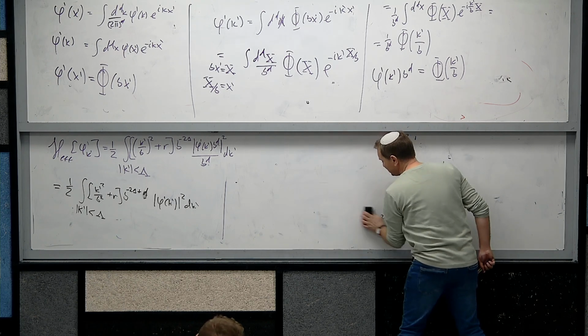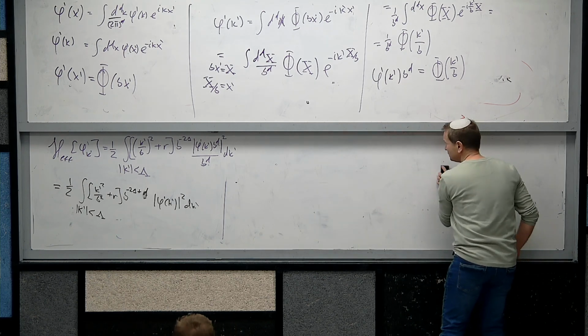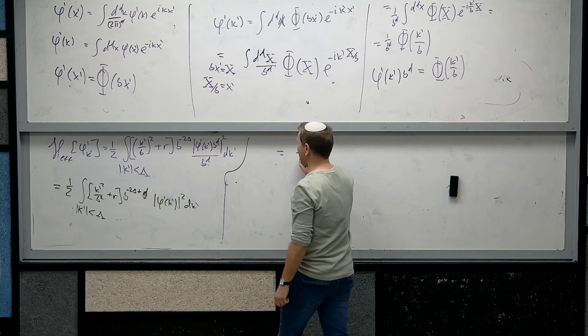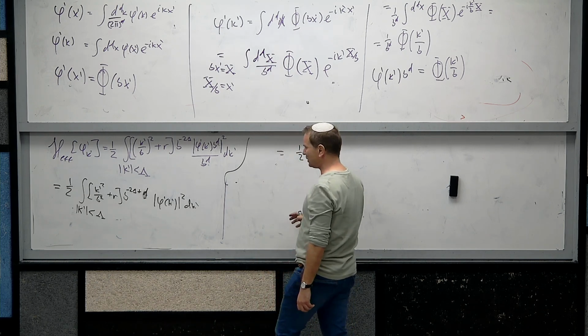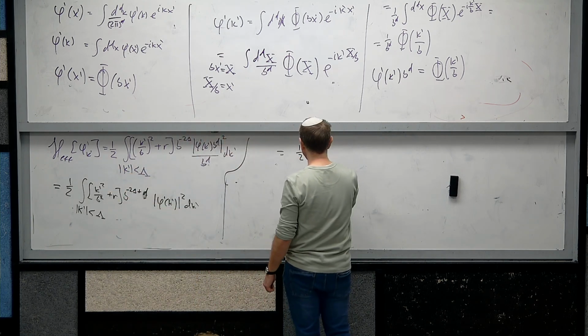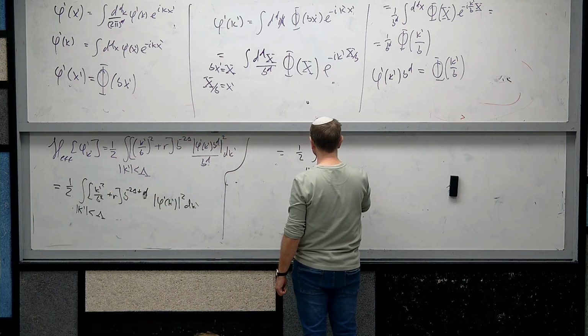Remember, I don't know what delta is. It's 1/2 an integral. I plug all the b to whatever powers inside. So I have k prime average smaller than lambda.